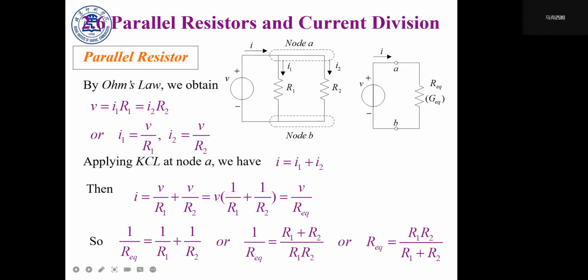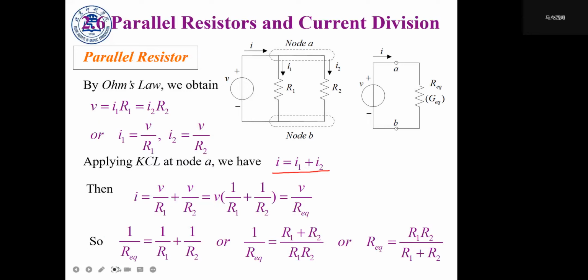So we could achieve the relationship between each other. And we see that the total current equals the sum of the current on every branch.